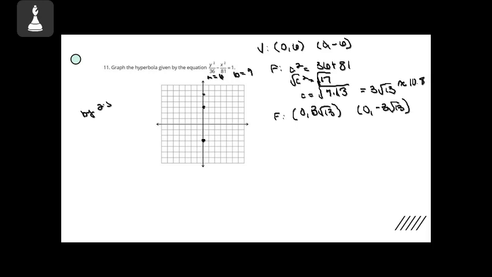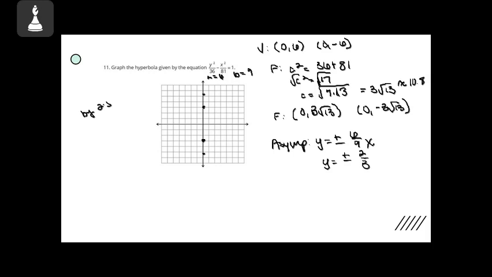And now last, I need my asymptotes. When y is first, we put a over b. So a is 6 over 9. And that reduces to 2/3 if you want. So starting here, up 2 over 3.